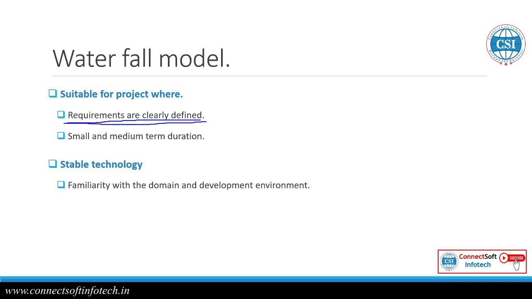If your requirement is completely fixed and clear and not going to change later, then you can go for the waterfall model. But it is not suitable for long duration. Small duration is okay, because we need to follow the entire cycle: analysis, designing, coding, testing. If your project duration is 1 year, following this entire cycle takes 1 year.